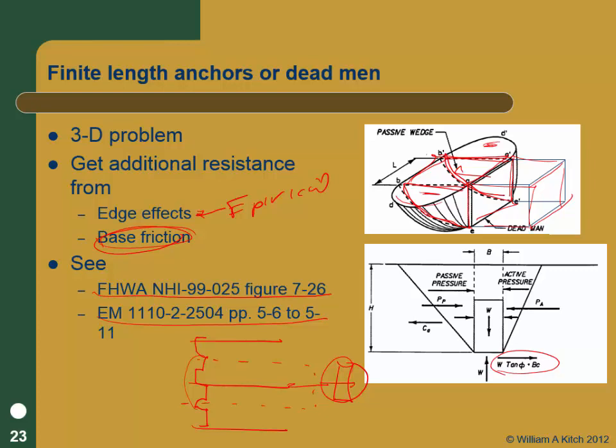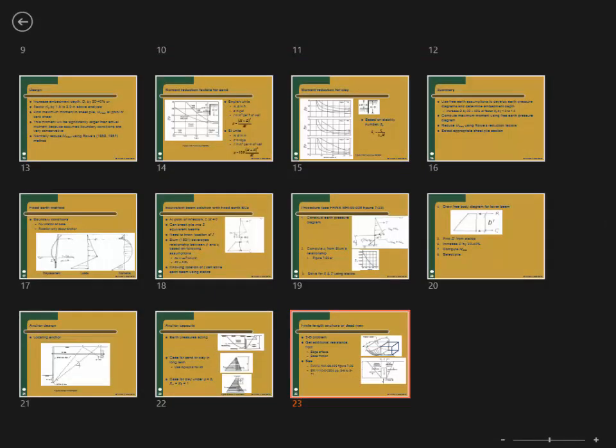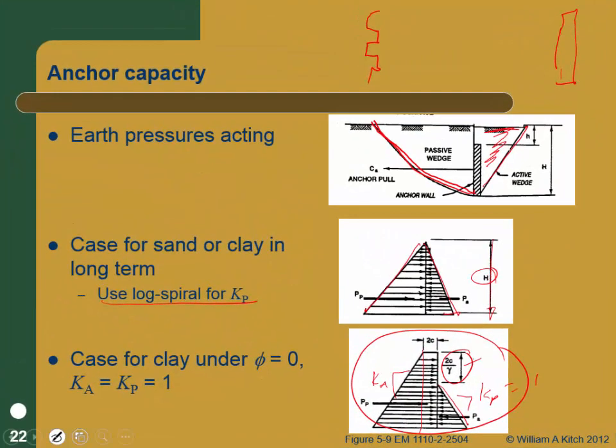If you're doing a continuous anchor wall, like we did in the previous one, and you've got a tie back there and a tie back here and a tie back here, and they go back to the wall, then you can do this whole calculation in terms of the anchor force from the wall in load per length.